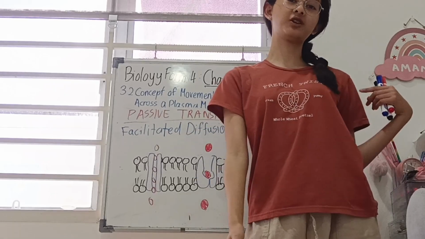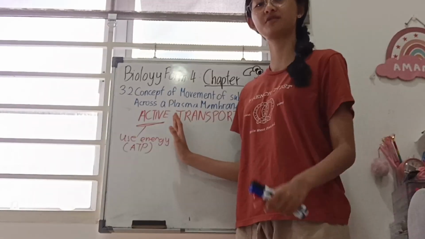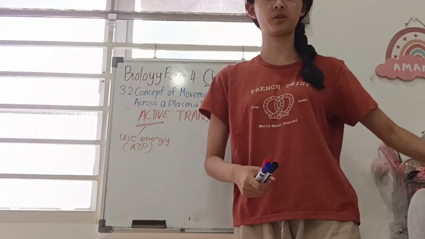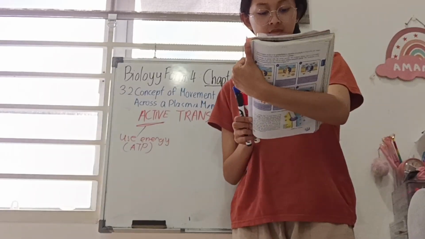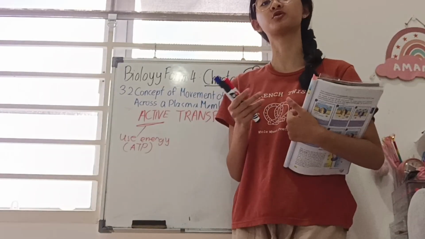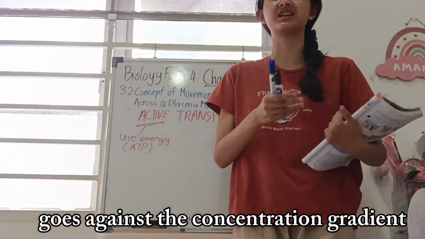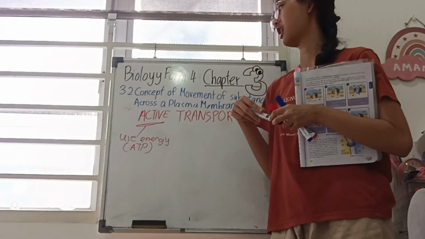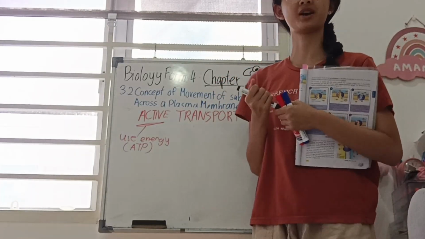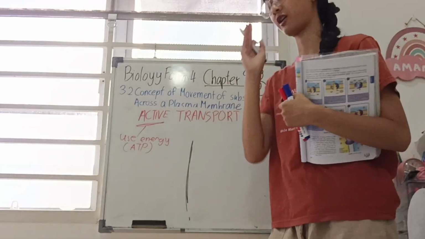So now we're going to go into active transport. Active transport uses energy. They use ATP. Why? Because it goes against the concentration gradient. So just now for passive transport, let me draw a little diagram.